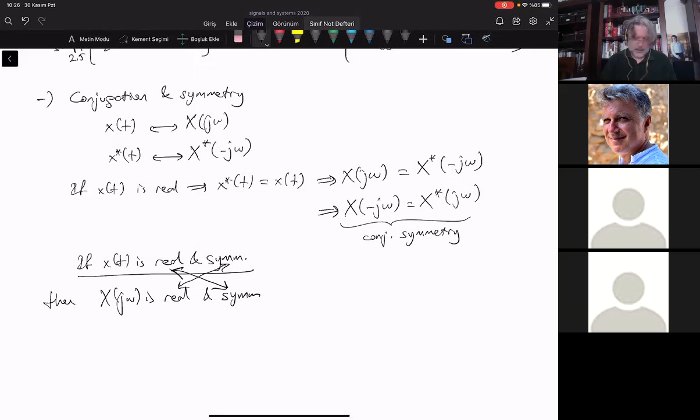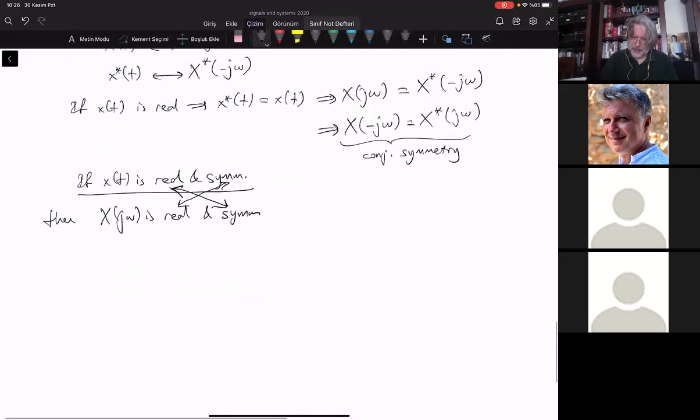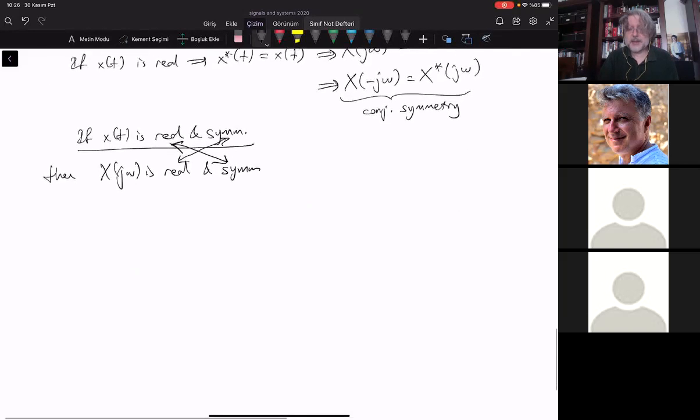This is the conjugate symmetry property, which gives you this kind of a separation. You can split your x of t, we know it, into even parts, the even part of x of t, which is symmetric, and odd parts of x of t, which is antisymmetric.